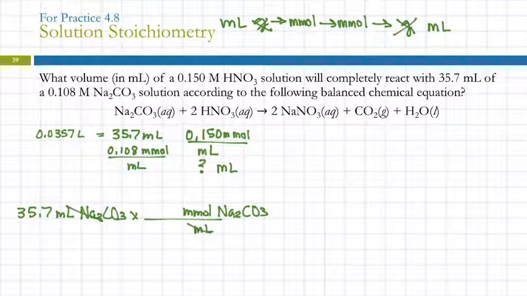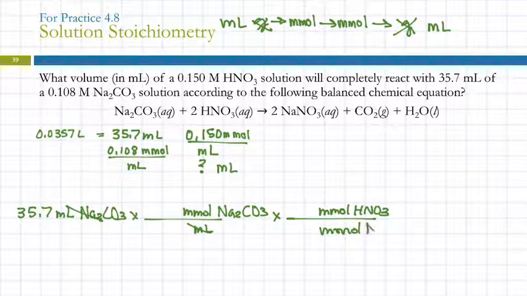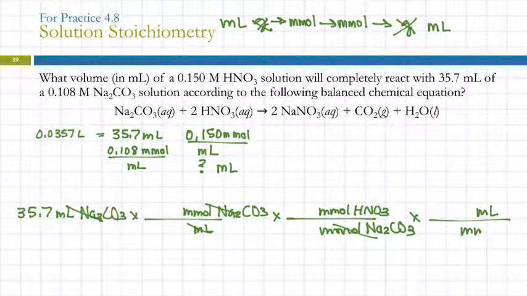So those will cancel. And then I'll go to millimoles of HNO3, and I'll have millimoles of Na2CO3 in the denominator. And then here I'm going to have milliliters and millimoles HNO3.